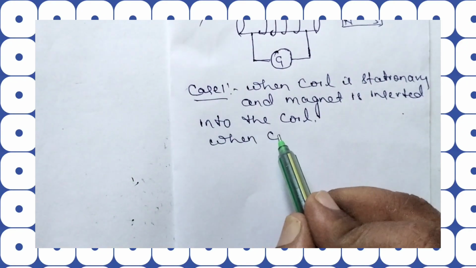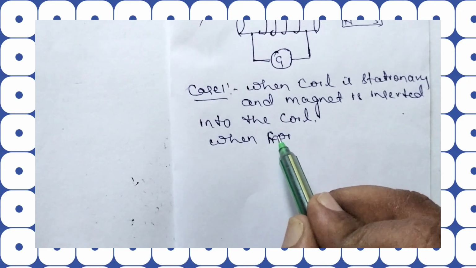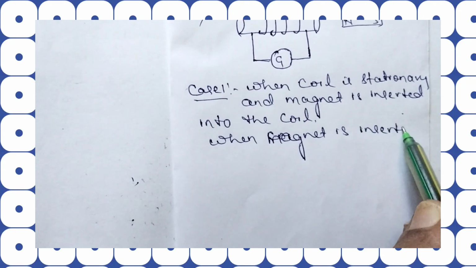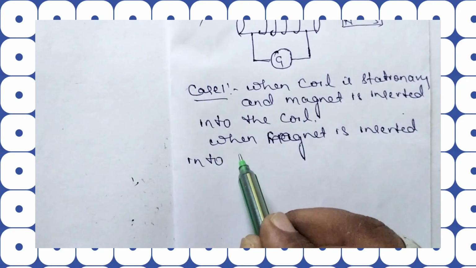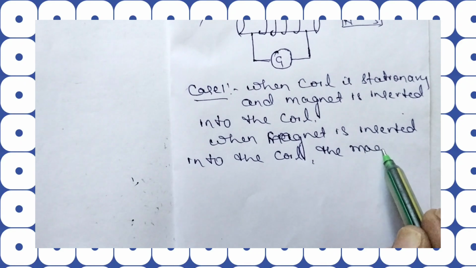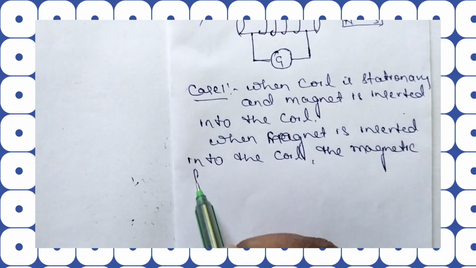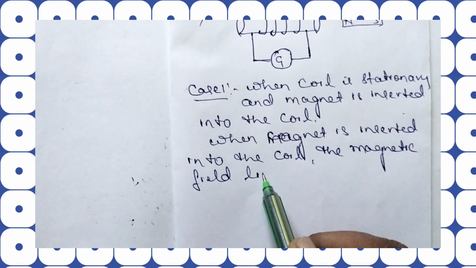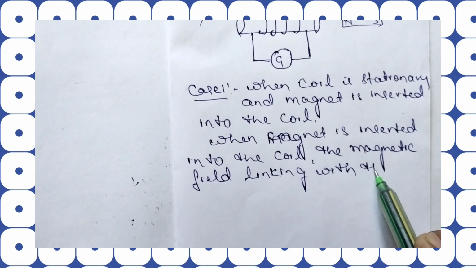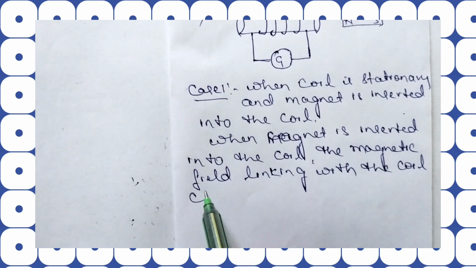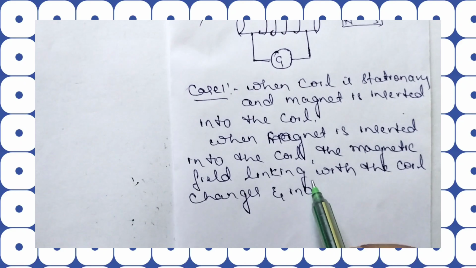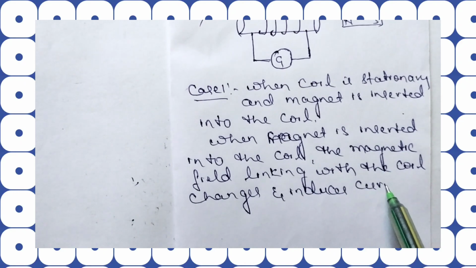When the magnet is inserted into the coil, the magnetic field linking with the coil changes and induces current in the coil.